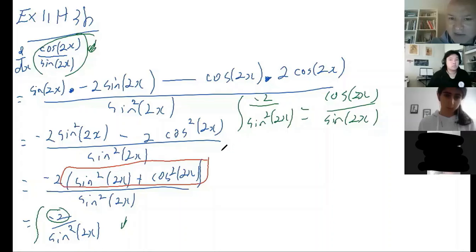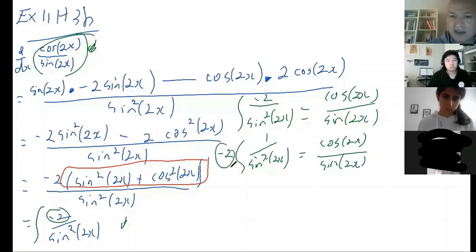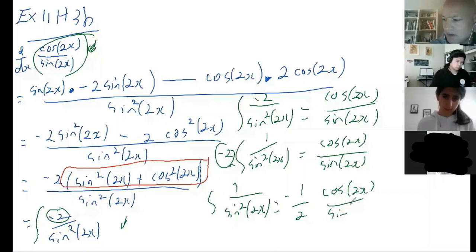Now take out the negative 2 and you get 1 divided by sine squared 2x equals cos 2x divided by sine 2x. And now this negative 2, it's a times here, divide on the other side, so I get the integral of 1 divided by sine squared 2x equals negative a half of cos 2x divided by sine 2x.